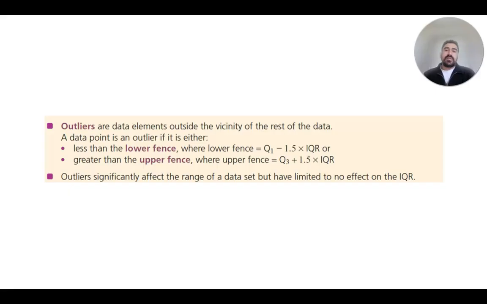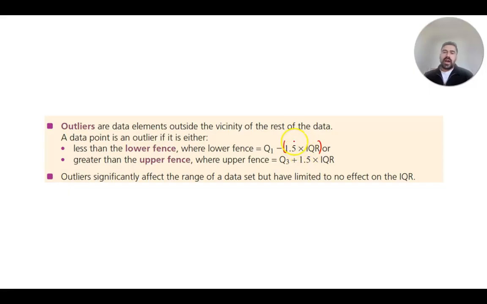Outliers are data elements outside the vicinity of the rest of the data, and it's considered quite outside the realm. So a data point is an outlier if it is less than what we call the lower fence. Now, to work out your lower fence, you get your Q1 and you take away, and I'll put this in brackets, 1.5 lots of the IQR.